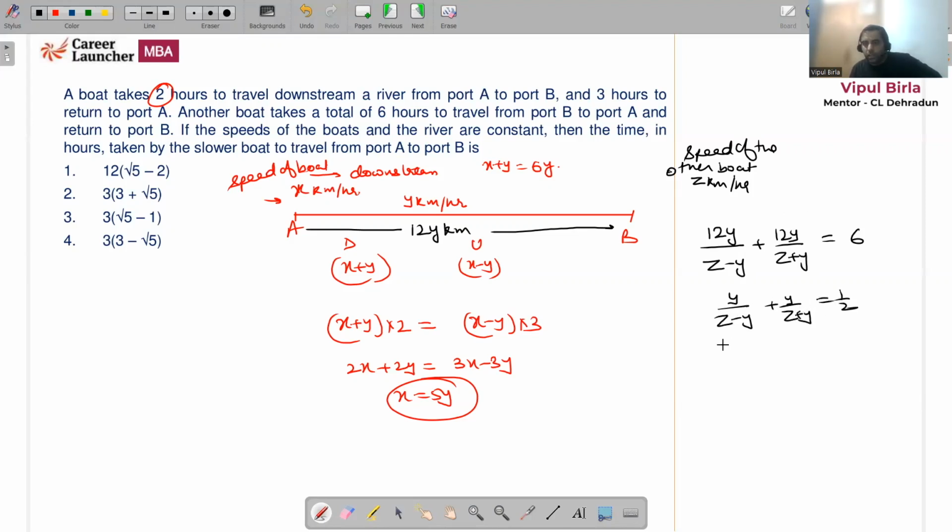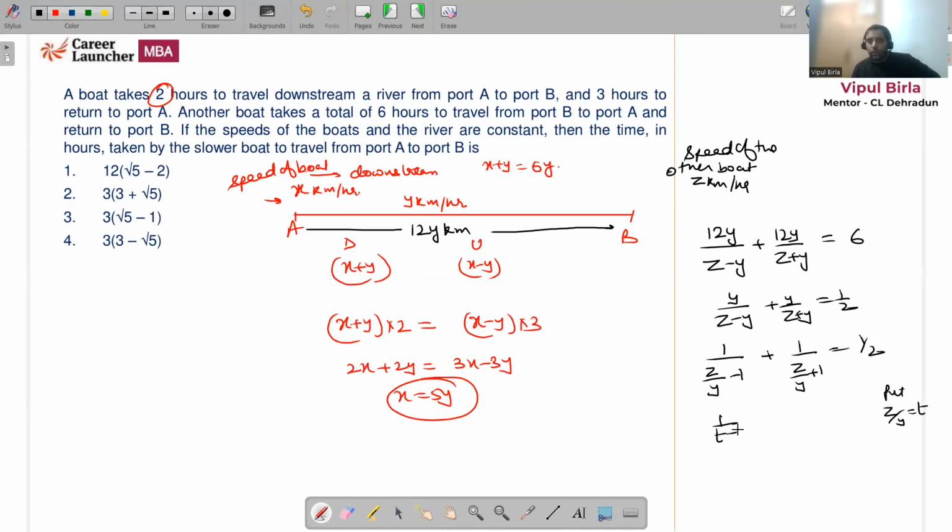From that, y upon z minus y plus y upon z plus y is equals to 1 by 2. And this can also be rewritten as 1 upon z by y minus 1 plus 1 upon z by y plus 1 is equal. Now, put z by y equals to t.